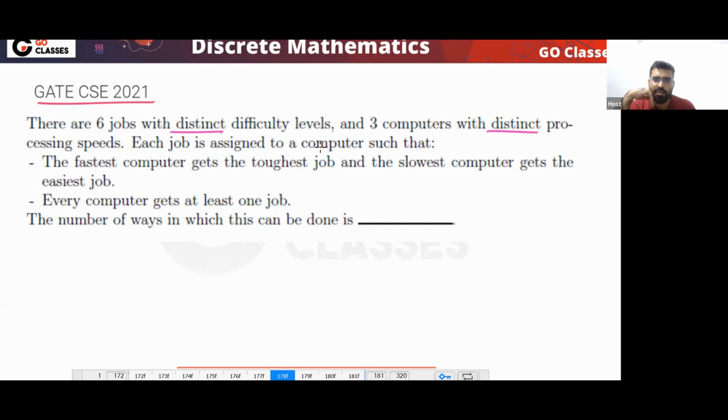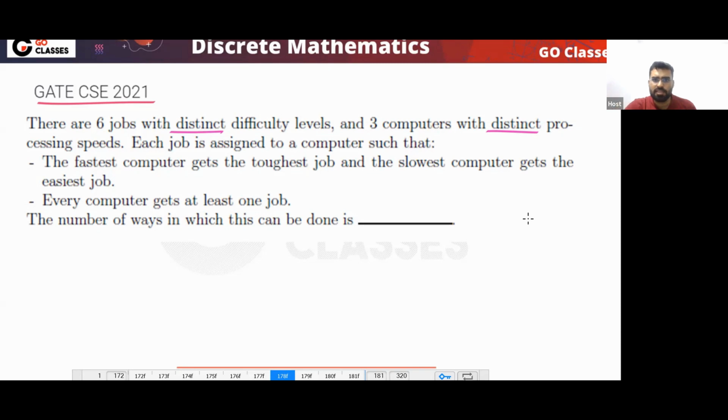Each job is assigned to a computer such that the fastest computer gets the toughest job, the slowest computer gets the easiest job, every computer gets at least 1 job. The number of ways this can be done. How many ways can this be done?